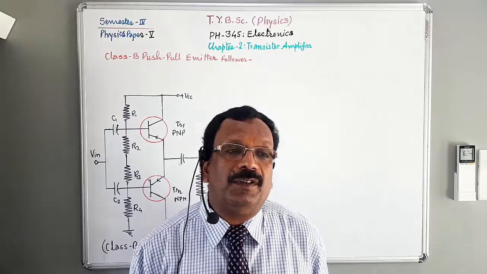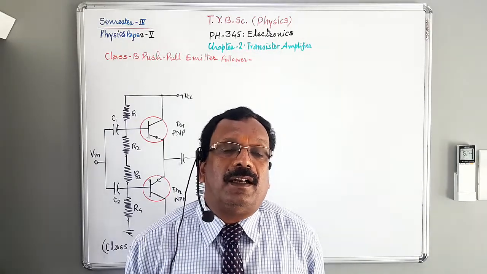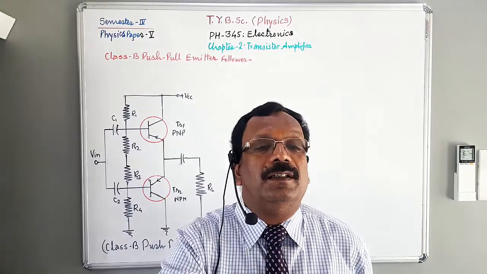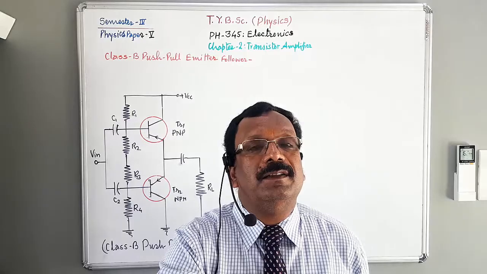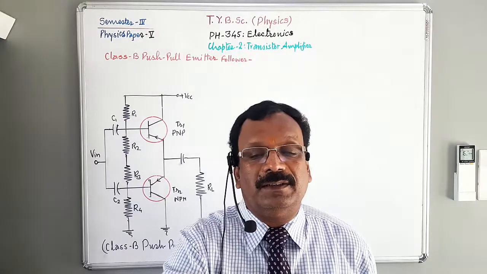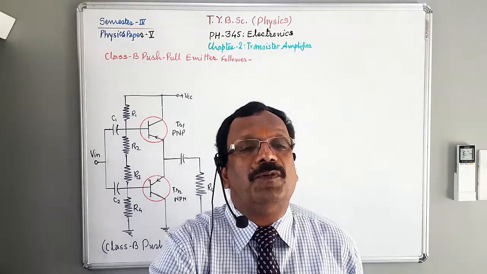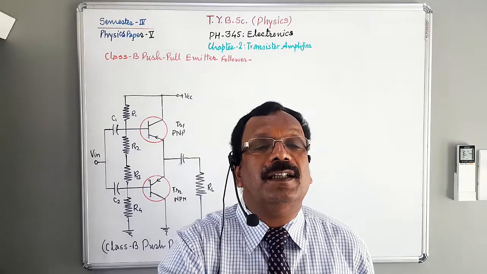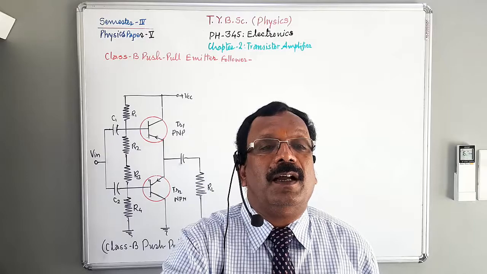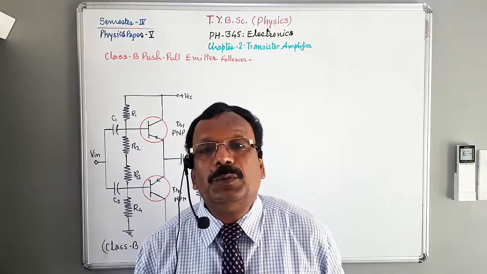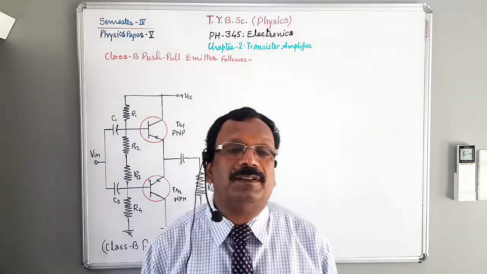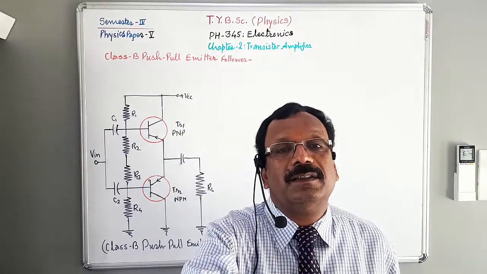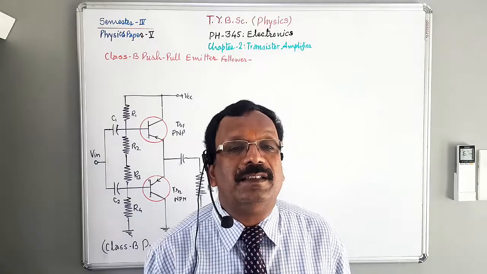In the previous lecture we studied class C operation, resonant frequency, then load lines, that means AC load line and DC load line, then different types of formulae regarding the class C amplifier, then bandwidth. After that, two important points remain: AC collector resistance, and duty cycle and conduction angle.